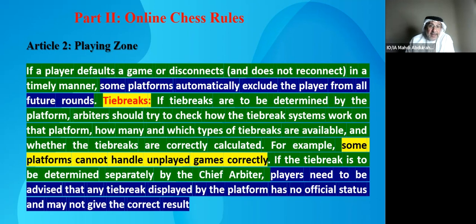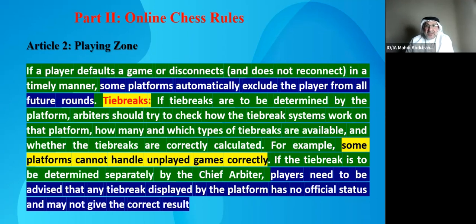When you use Swiss Manager, for example, and if you find something wrong, in this case you can discuss with the appeals members, with the arbiters, with the organizer, whether to include him for the next round or not. So it's in your hand, easy to do. But with the platform, no, automatic exclusion does not give you a chance to play.